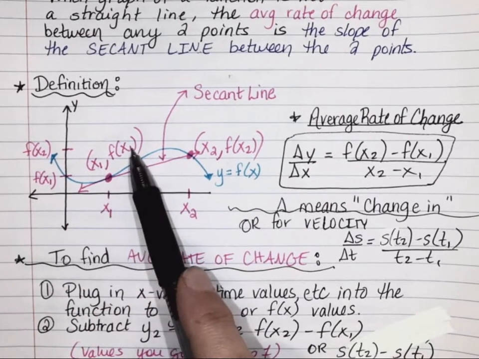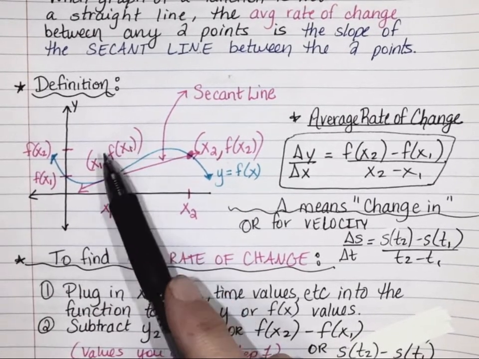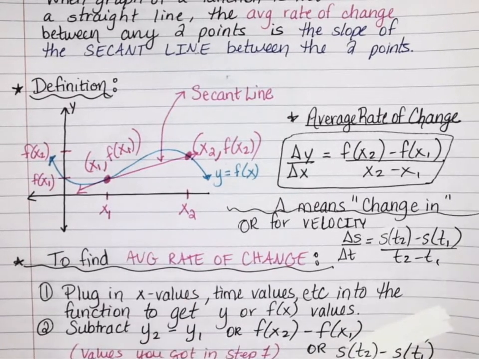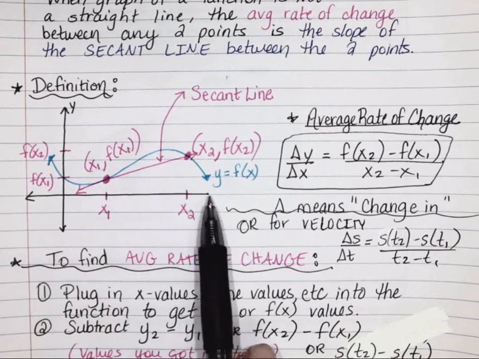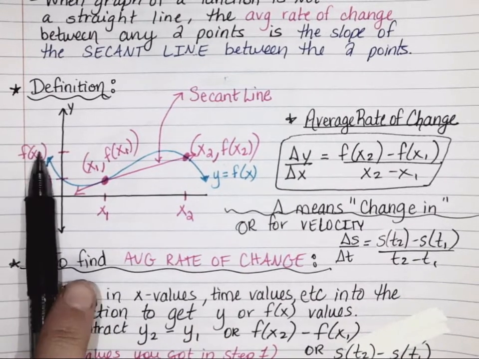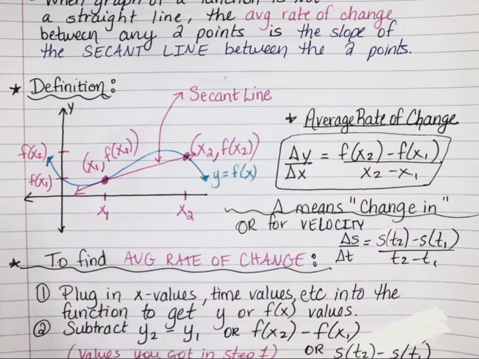All x1 and f of x1 mean is just simply that's your first point, x and y. That's all it means. Then you've got some other point along the graph, x2, and the y associated with it, f of x2.